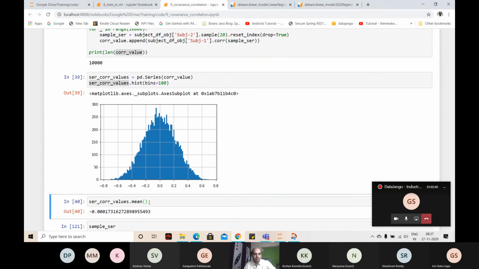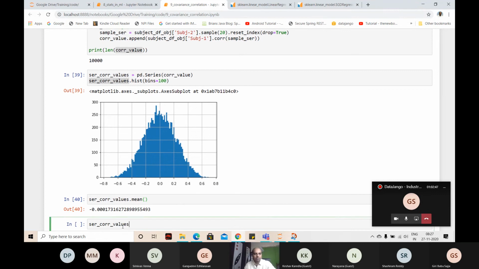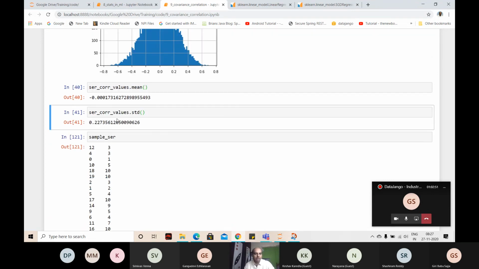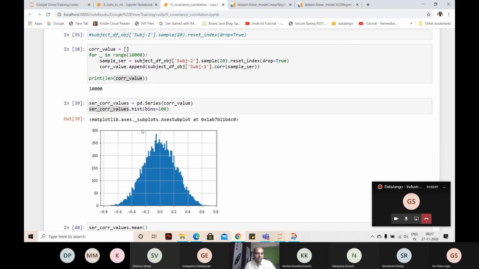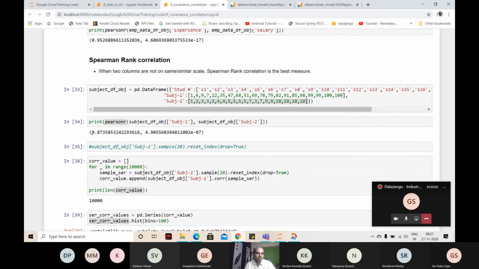This is the mean. Standard deviation, right? Now, if I have to calculate a t score or z score, z score of what? This number. When the null hypothesis is true, I am trying to calculate the z score of this number.